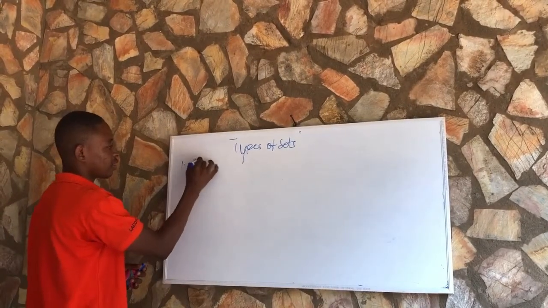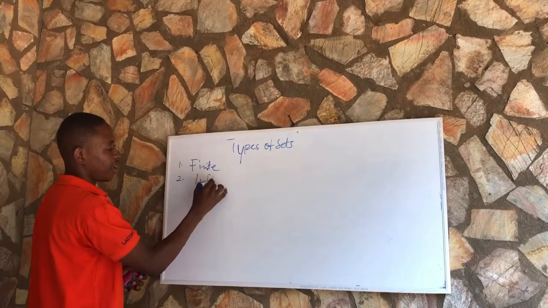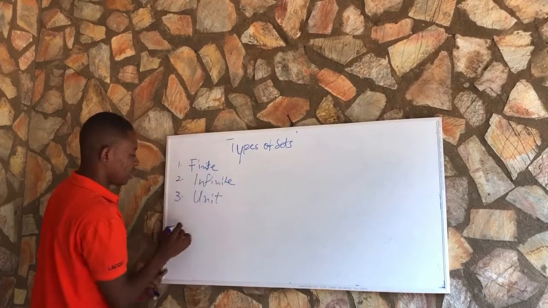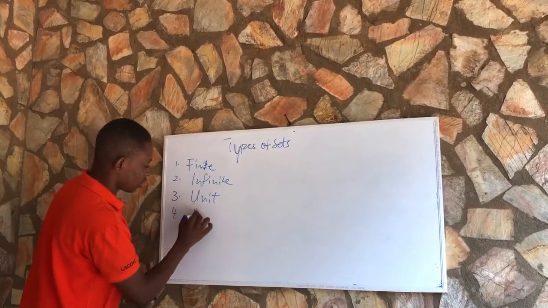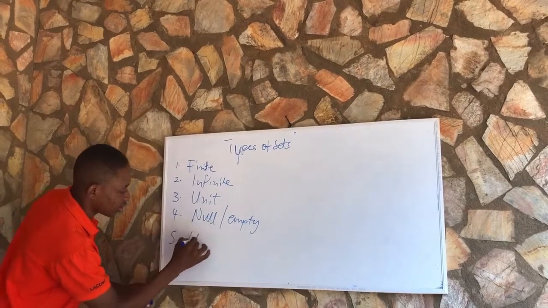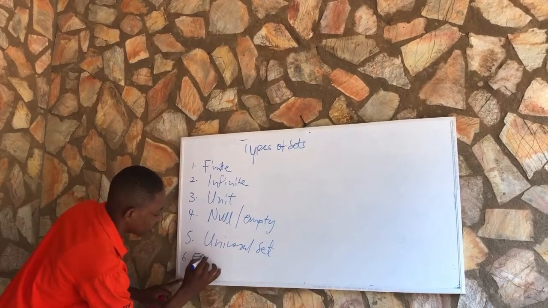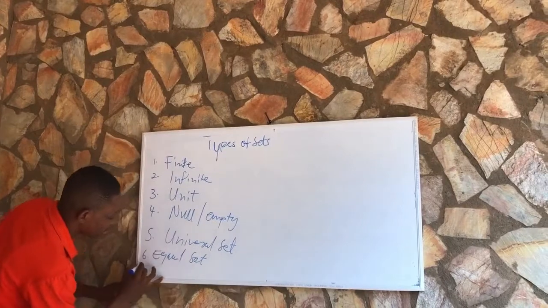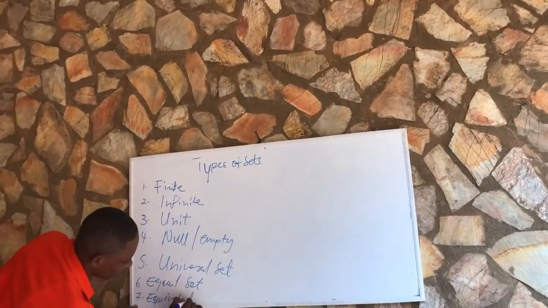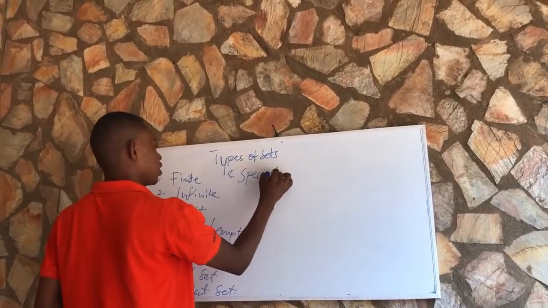So we have finite sets, infinite sets, unit sets, null or an empty set, universal sets, equal sets, equivalent sets, and then each class of sets is going to be special types of sets.